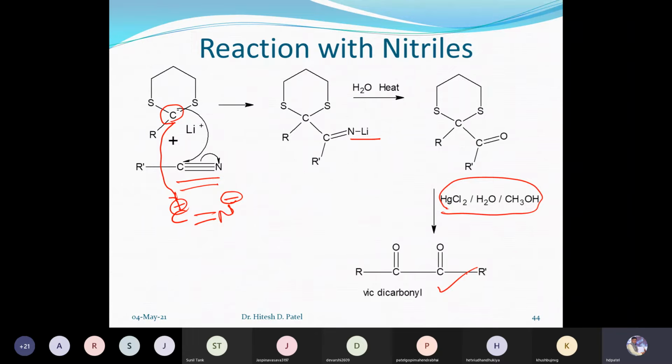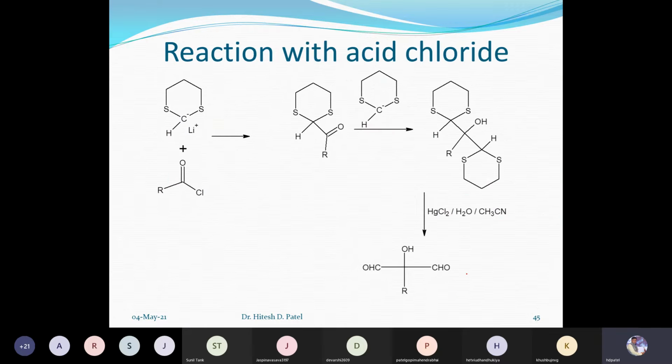Now instead of RCN, the nitrile, if we have an acid chloride, RC=OCl. In the acid chloride, Cl has higher electronegativity, so Cl will definitely pull electrons, and as a result we will get RC=O plus, the acyl cation. This acyl cation means the carbon has positive charge.